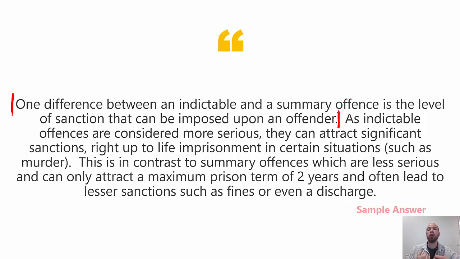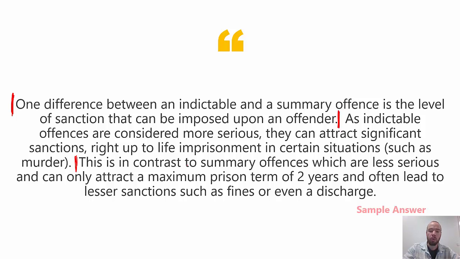Now I need to go on and show whoever is assessing me that I understand what that difference is. I can't just leave it and state it: different level of sanction can be imposed. I need to actually give more detail to show how deeply I understand this. As indictable offences are considered more serious, they can attract significant sanctions right up to life imprisonment in certain situations, such as murder. This is in contrast.